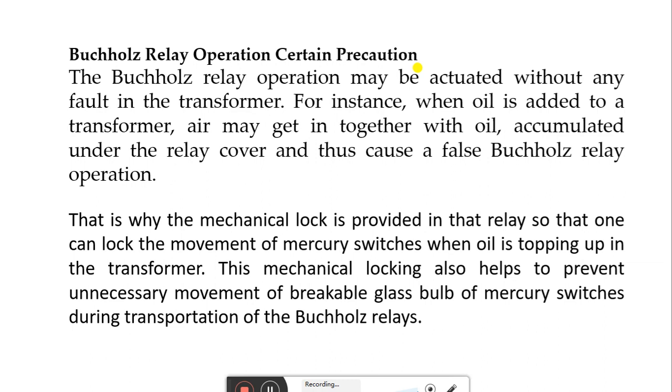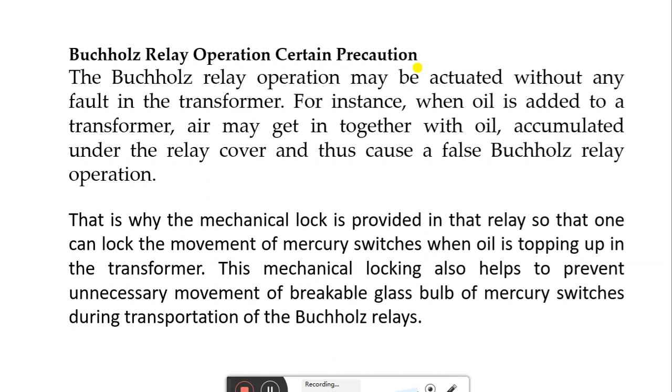So I think it is understood that when oil is being added inside the transformer tank, there may be entry of air pockets inside the tank, and because of these air pockets the relay may operate, causing false operation of the Buchholz relay.